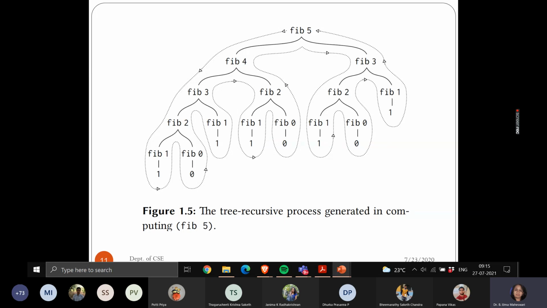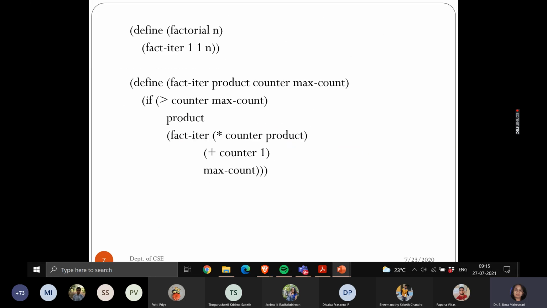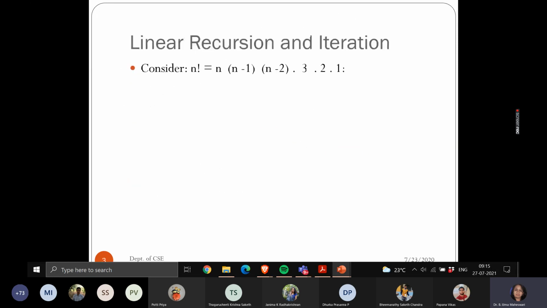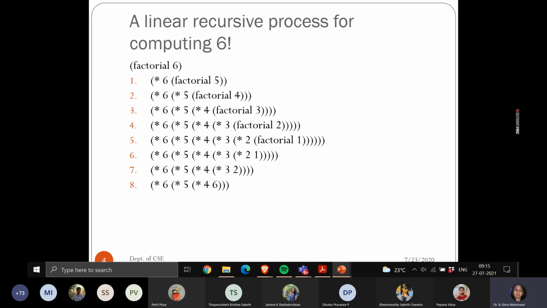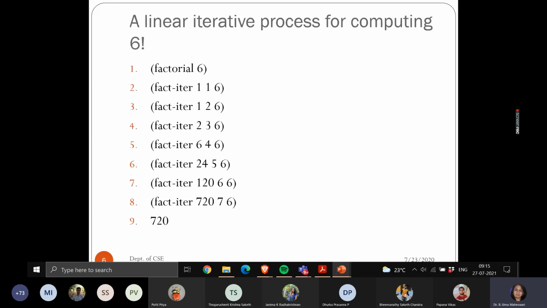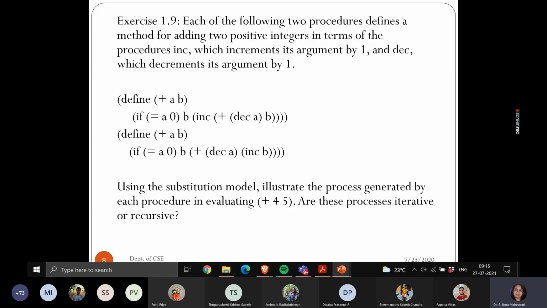Now can you compare this tree recursive process with expansion and contraction? Can we explain which one is very efficient? Can you solve that problem by using the expansion contraction process? It's not possible, right?